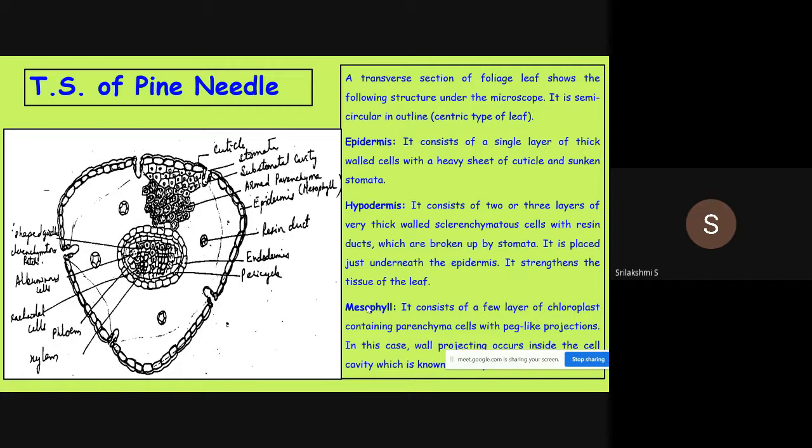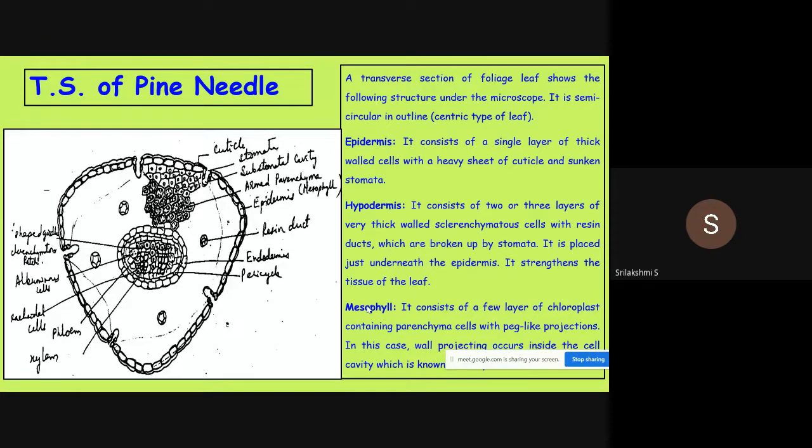And I hope you remember, you would have already seen the slide in the practical class and how beautiful the structure is, the internal structure of pine needle, especially. And earlier, we used to make the students take sections of pine needles, beautiful small triangular sections they would take, and they would subject them to double staining, fast green and safranin, and beautiful staining.